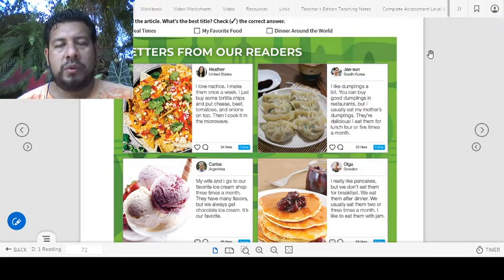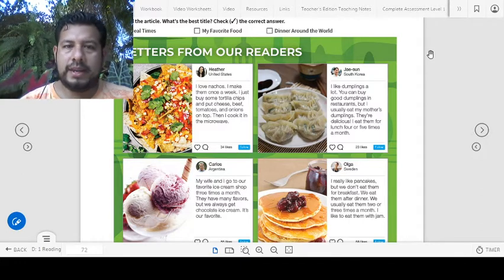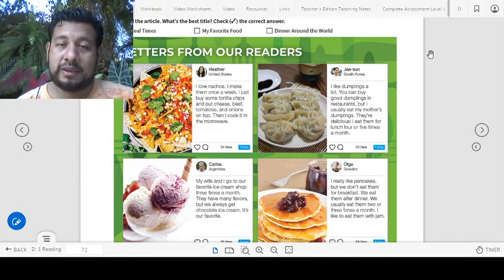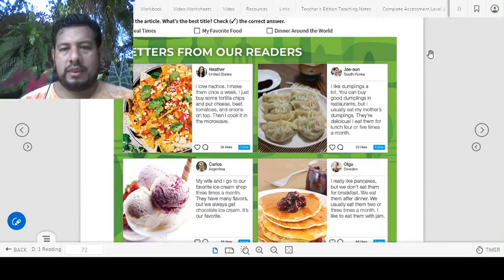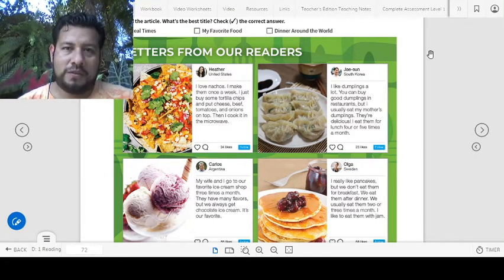When we say dinner around the world, it makes sense because we're talking about different parts of the world, ¿no? Nos podemos ir a veces por esa respuesta porque dices, pues, una de Estados Unidos, otra de Corea, otro de Argentina, otro de Suecia.